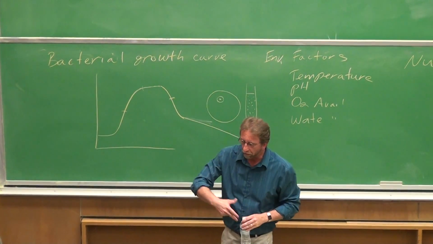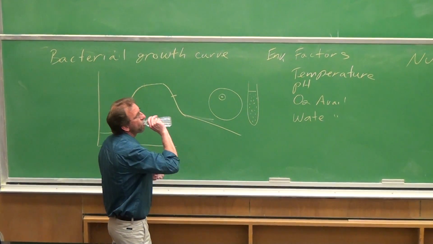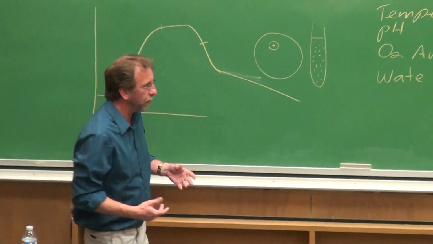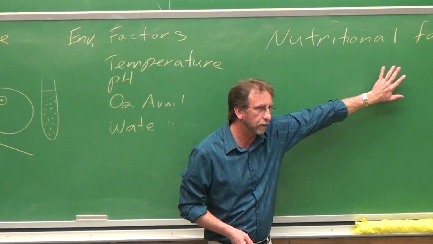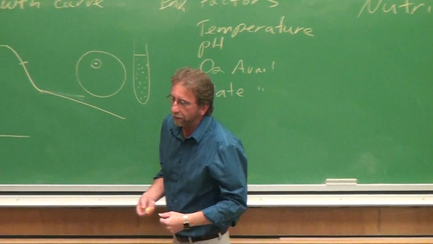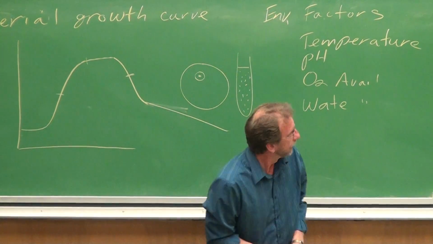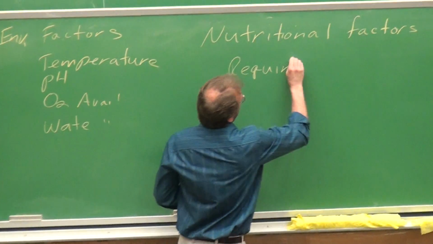We're talking about things that are in the microbes' environment that they're going to have to get. And of course, it could be growing on food, if that is their environment. But we also got to realize that we're probably talking about microbes that are in the soils, microbes that are in water, microbes that are associated with plants. They all have to get what we would call required elements.